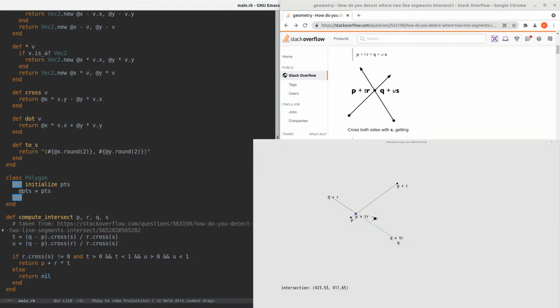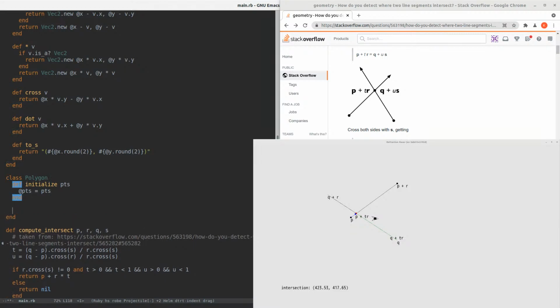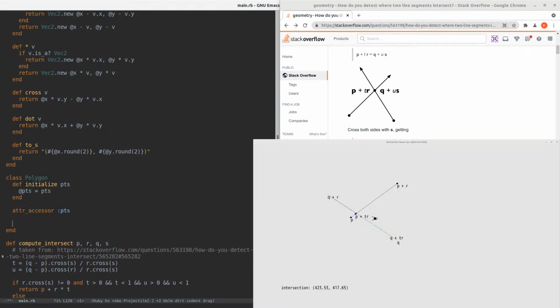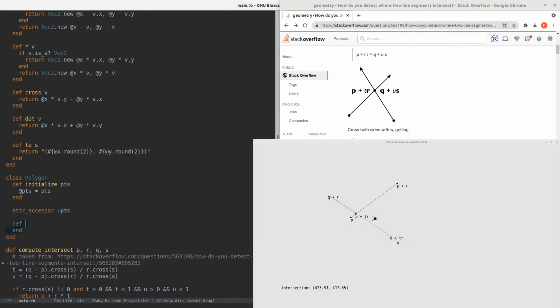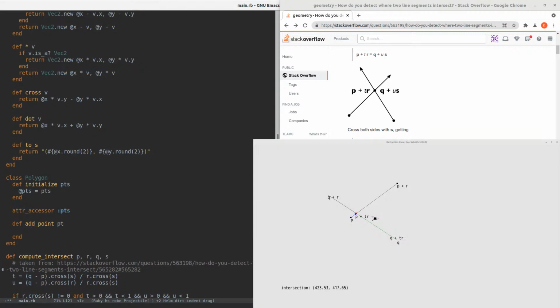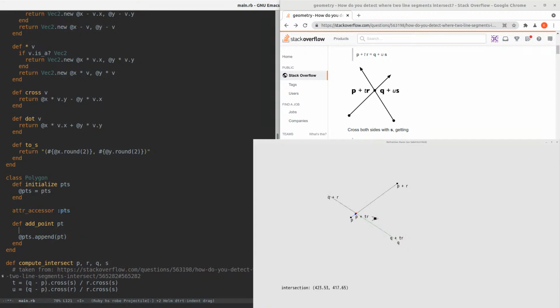I think that's allowed. And then we'll have an accessor on points. And let's see. Okay, so we'll add an add_point method. Point, and we'll just have @points.append, and these we'll assume are all vectors.